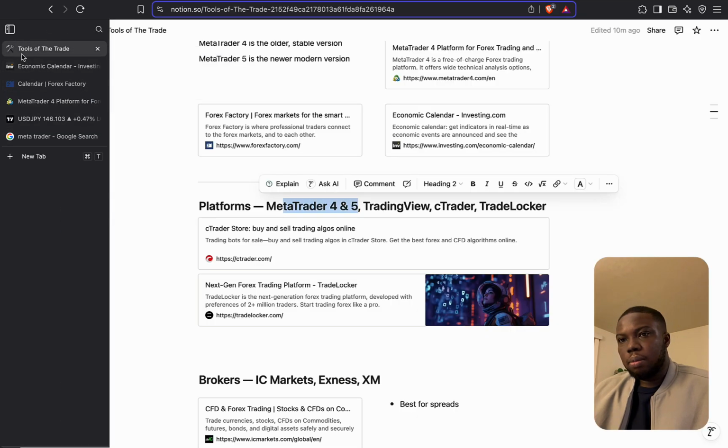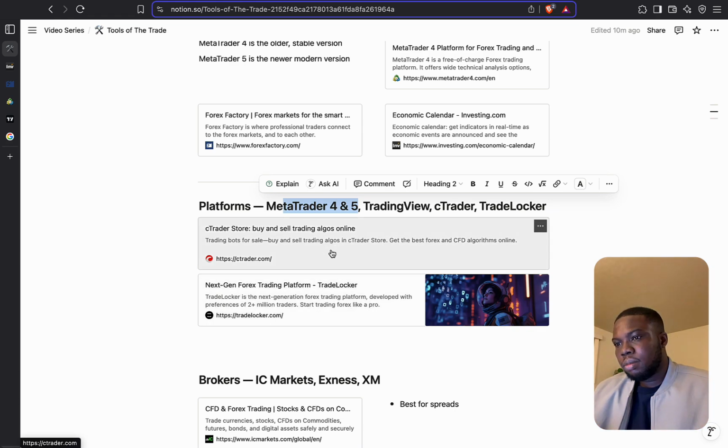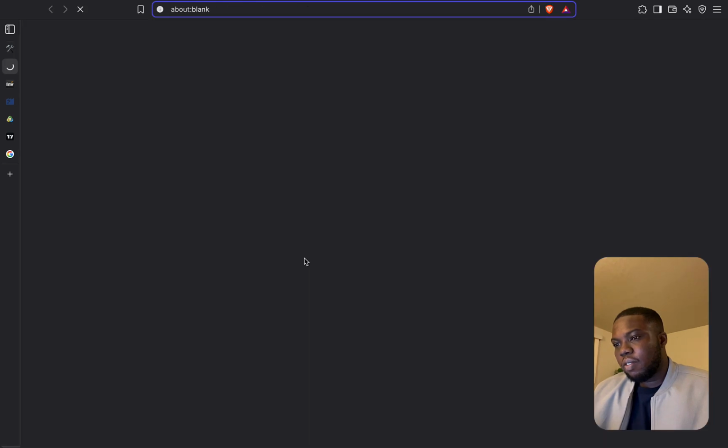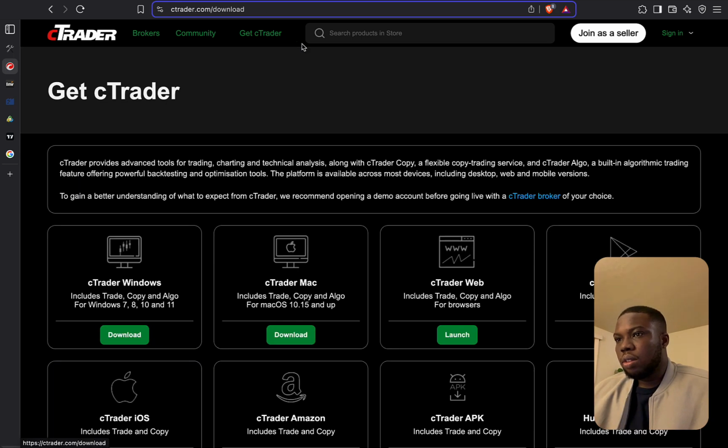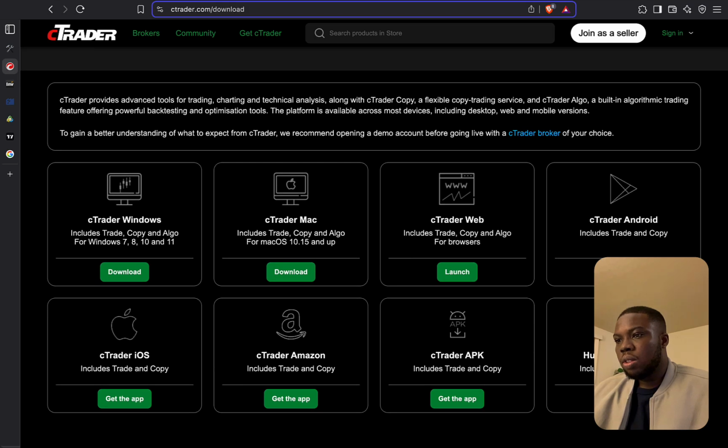And then cTrader. Now cTrader works a lot like MetaTrader 4 and 5. It's more like an alternative to MetaTrader 4 and 5. You can download it on so many operating systems of choice.